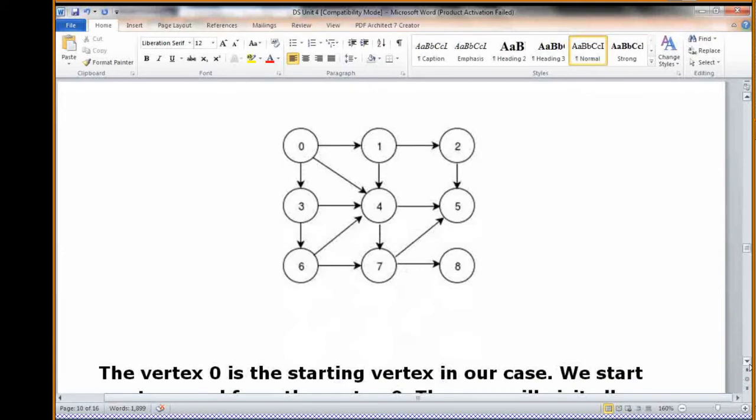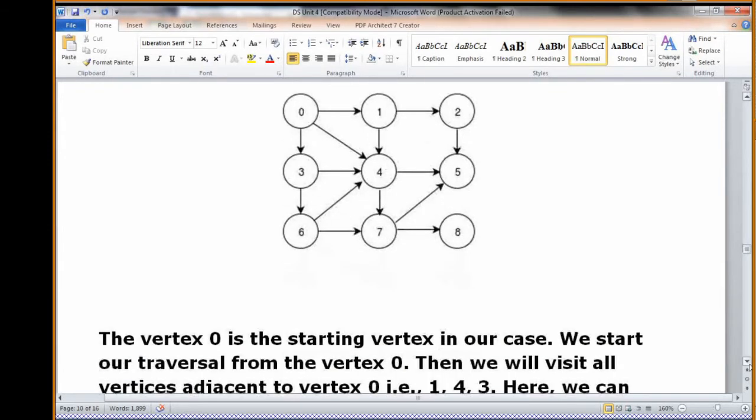If we take 0, 1, 2, 3, 4, 5, 6, 7, 8 like this, if the graph is like this, and 0 has adjacent vertices 3, 1, 4. So we'll call it 1, 4, 3.